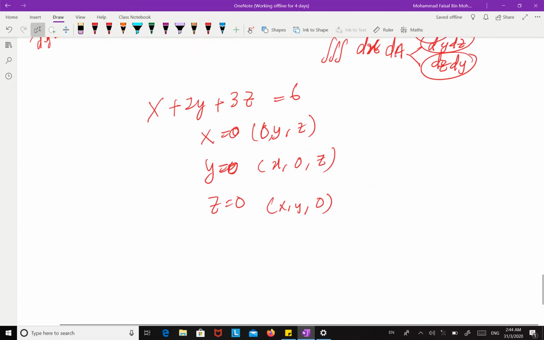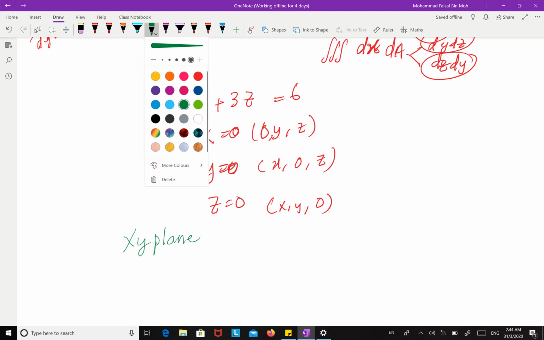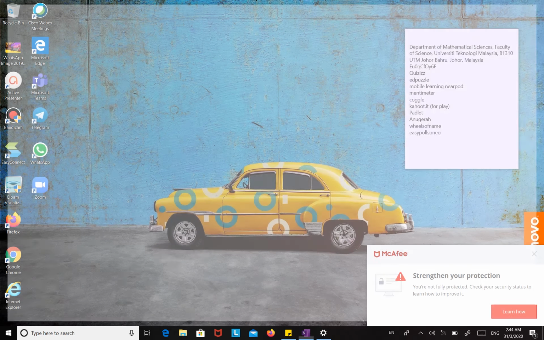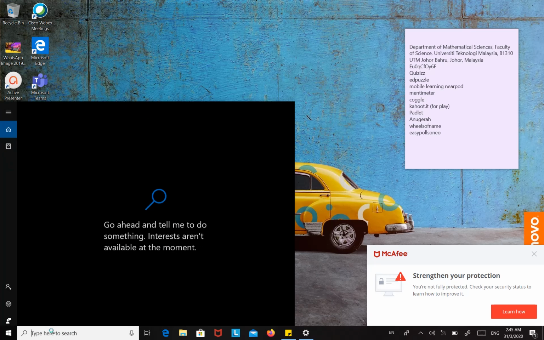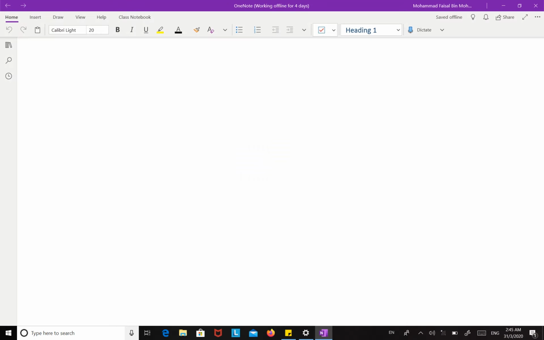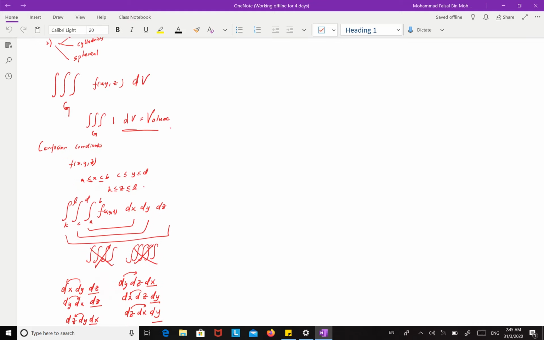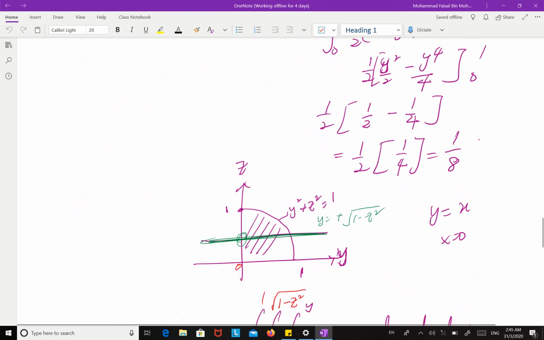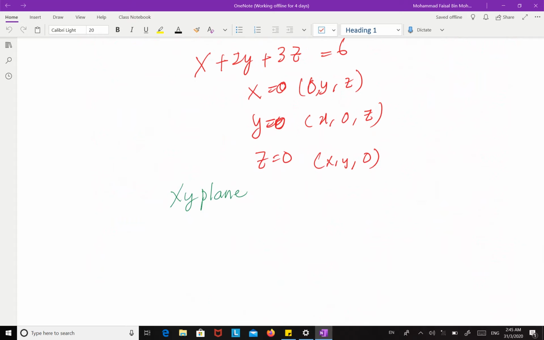So let's say I choose the xy plane. The xy plane means your z equals 0.